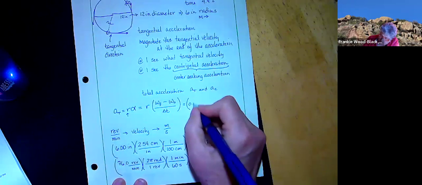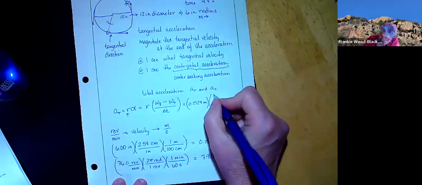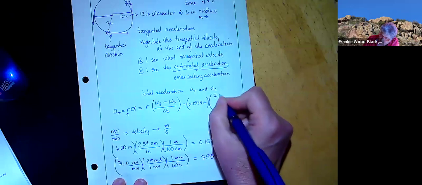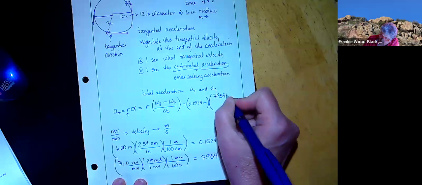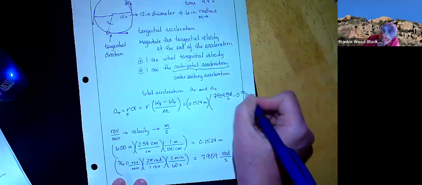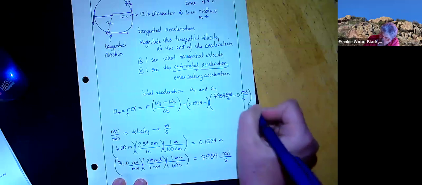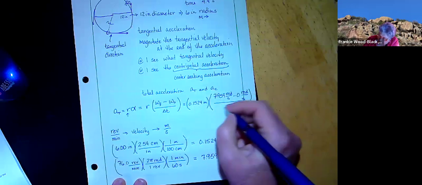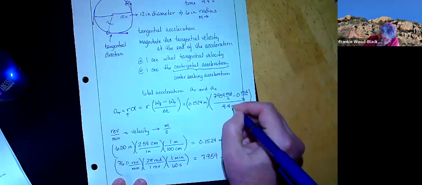I've got my 0.1524 meters. I'm going to have my 7.959 radians per second minus 0 radians per second, divided by my change in time, which gave me 4.4 seconds.